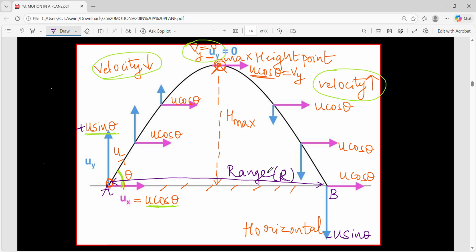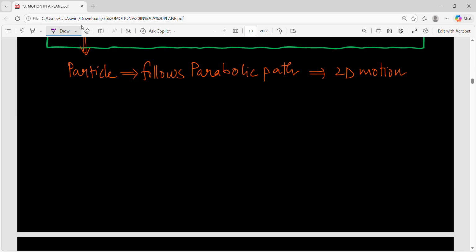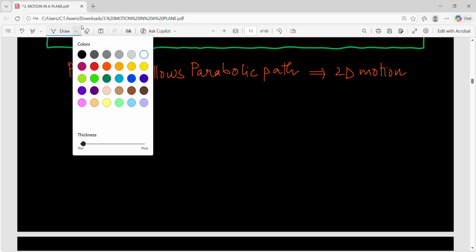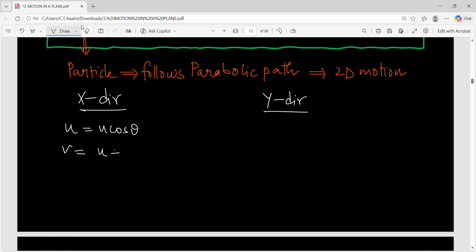Fine. So parabolic path, 2D motion, everything fine with the projectile. Now we'll split the data into x direction and y direction. What is initial velocity along x? It is u cos theta. And what will be final velocity? Apply this formula: v equals u plus at.